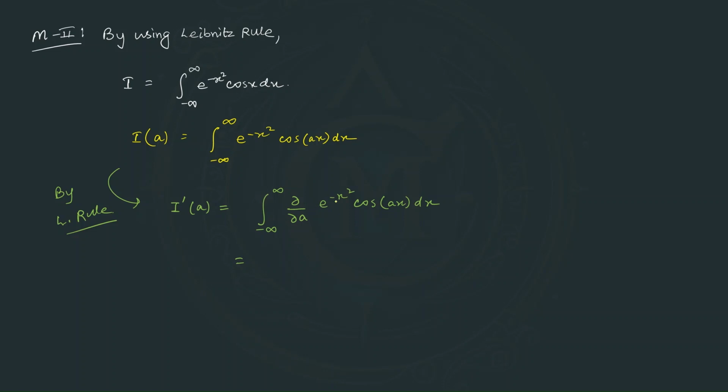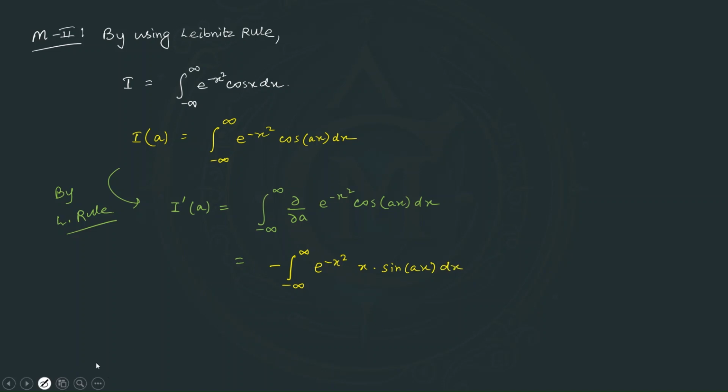So we perform this partial derivative here. We get minus infinity to infinity, then e to the power minus x square as it is, because x is considered as a constant here, times this will be minus outside, and then x times sine a x dx.